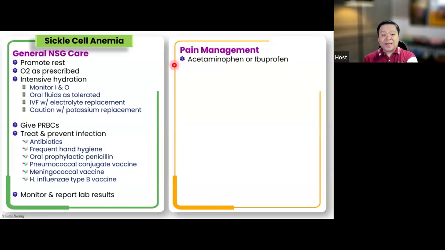We can also provide some non-pharmacologic therapy, such as the application of warm packs to the painful joints. As we know, the problem here is basically vasoconstriction, especially in the microcirculation. The joints will be very painful, and this can be alleviated by the application of warm packs.